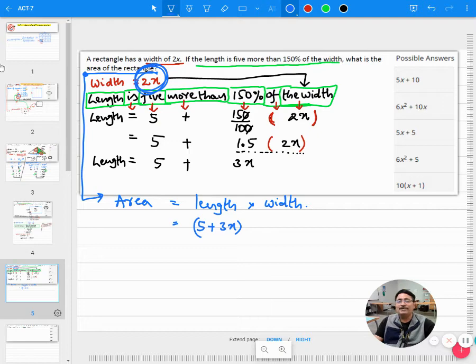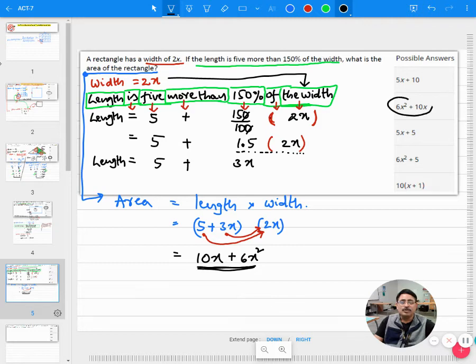It's given as 2x, therefore times 2x. You have to be a little careful when you are using algebra. Parenthesis means multiplication. 5 times 2x gives me 10x. And next, you have to multiply with the second term, that is 3x times 2x. So 3 times 2 is 6. x times x is x squared. So 10x plus 6x squared. So do we have the 10x plus 6x squared here?